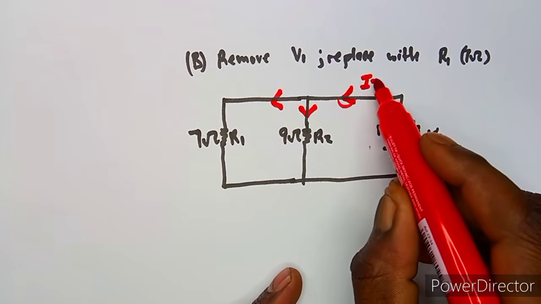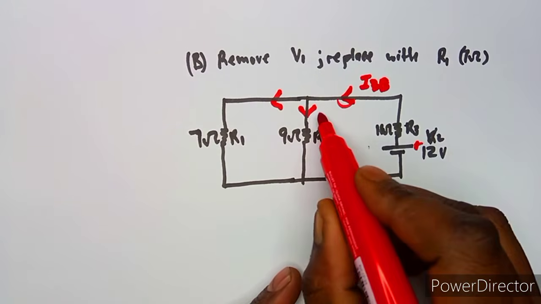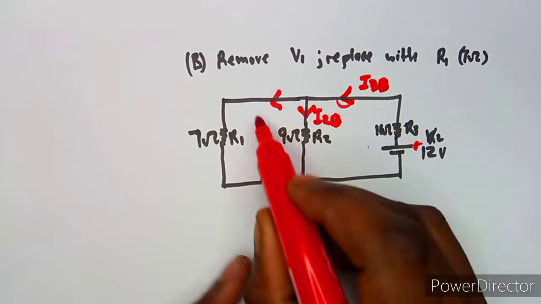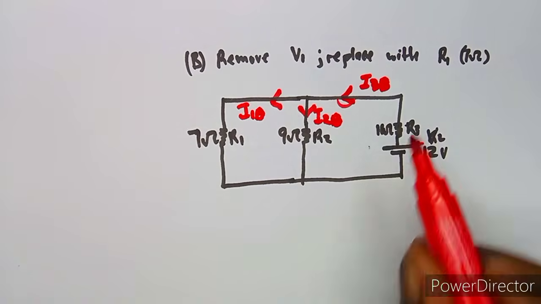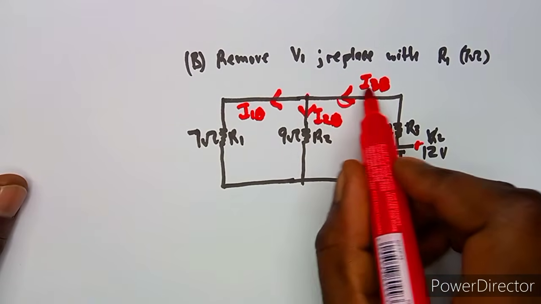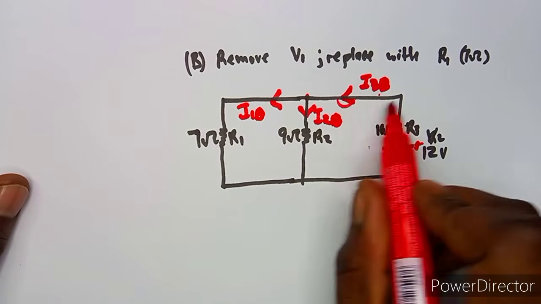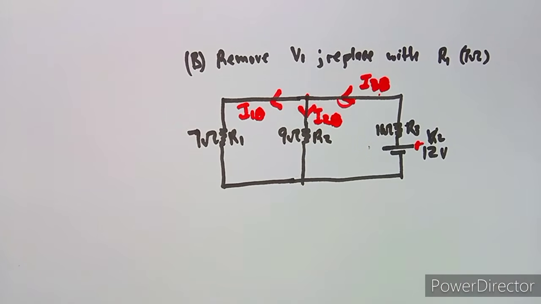So this is our I3, but due to the second condition B, we're just going to write it as I3B. This is I2B, this is I1B. This current now is the supply, the one we're going to use to find this current using our current divider rule. But how are we going to find this?